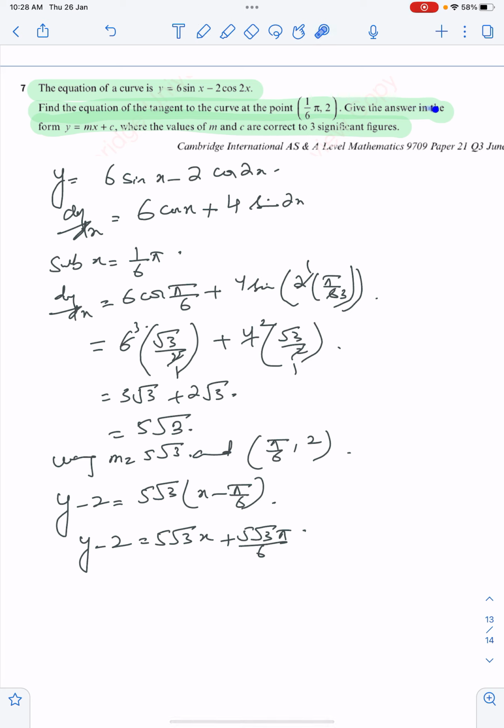They have told us to give the answer in the form where the values of m and c are correct. So m is 5 root 3.